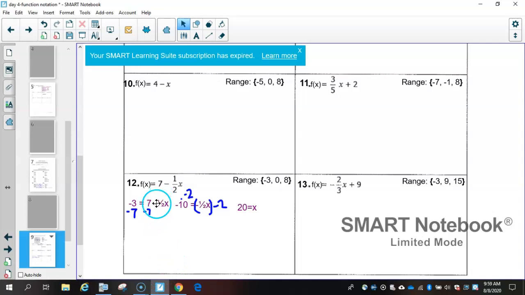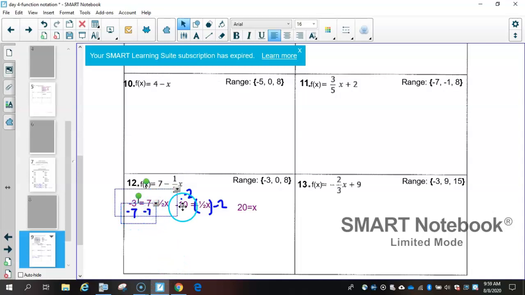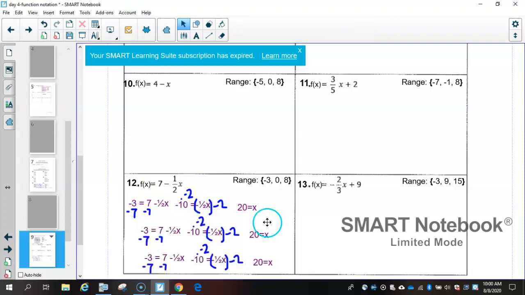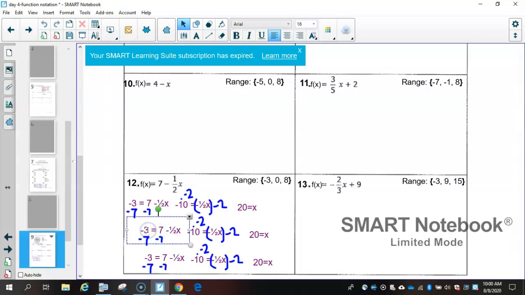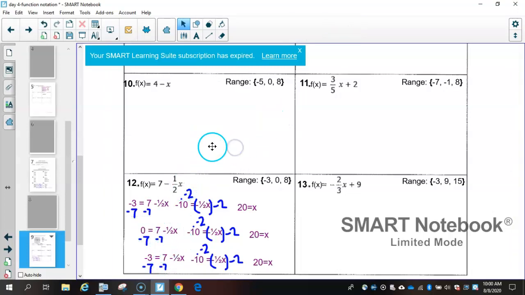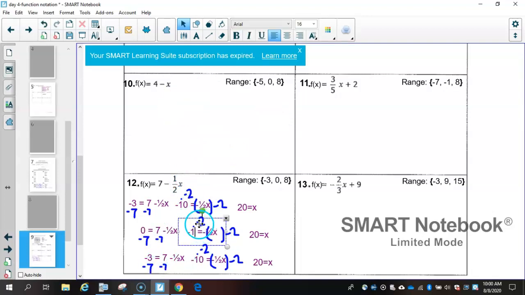I am going to go ahead and copy this again because the work is the same, and then I'll just change the numbers. Right, so now our next value is 0. We're still subtracting 7. When we subtract 7 here, we just get -7.